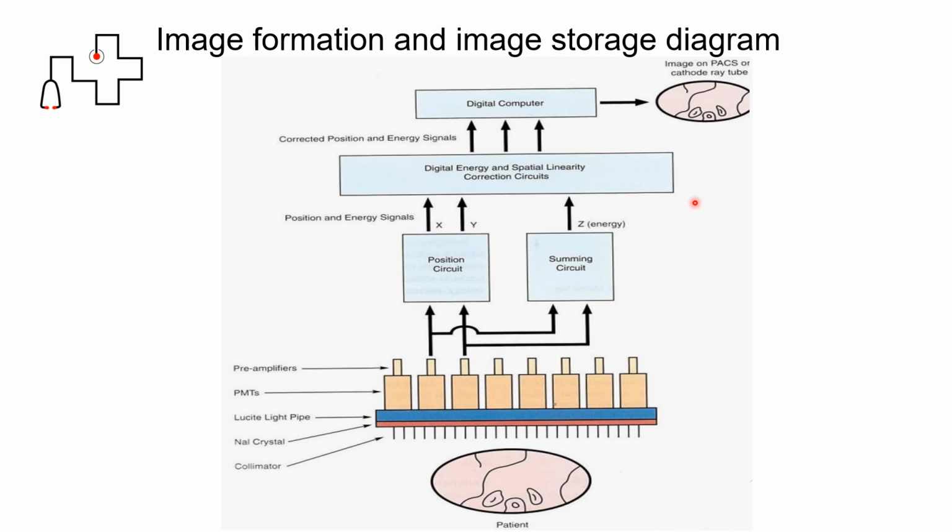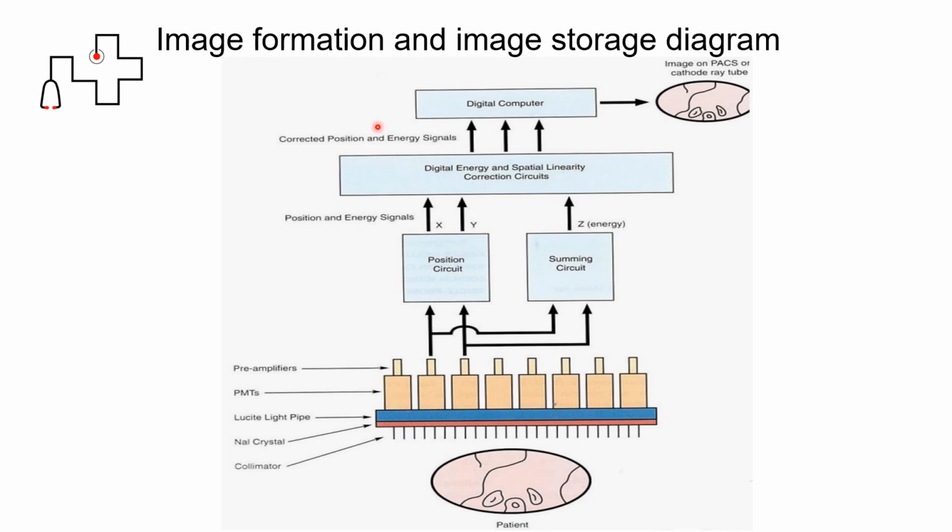The triple head system is not as popular as the dual head system and is generally used for brain and heart studies. Although the triple head system is primarily suited for SPECT, it can also provide multiplanar images.